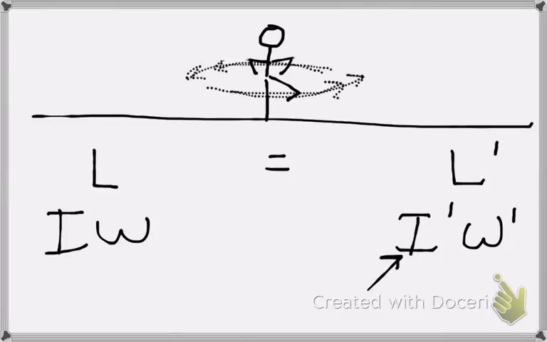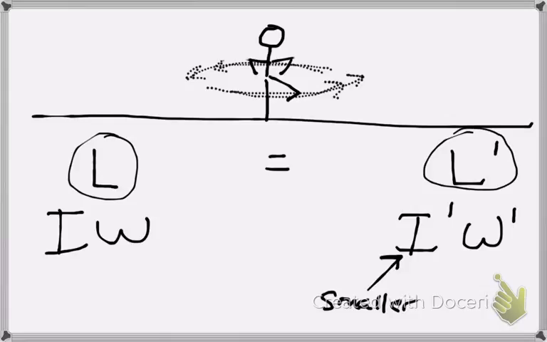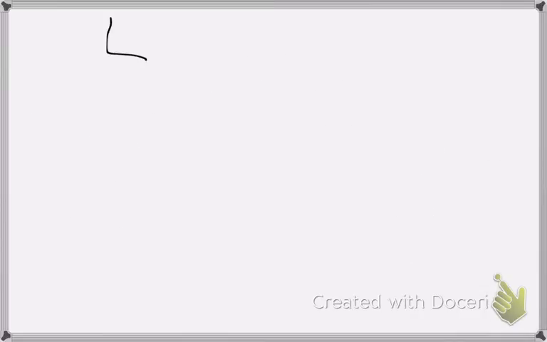All right, so I'm going to make this I smaller by reducing the radius. So they pull their arms in closer, so that gets smaller. And if the initial angular momentum equals the final angular momentum for it to be conserved, that means the final angular velocity needs to be larger. So if one goes down, if one gets cut in half, the other one has to double. That's the only way for it to be conserved and be the same.